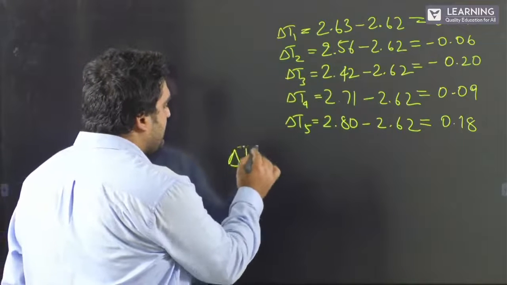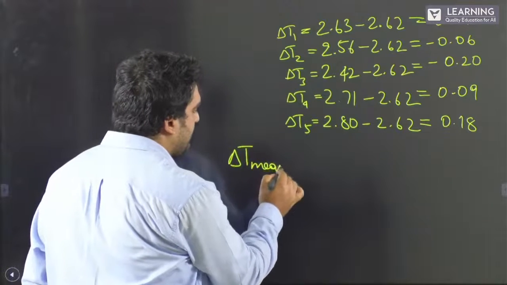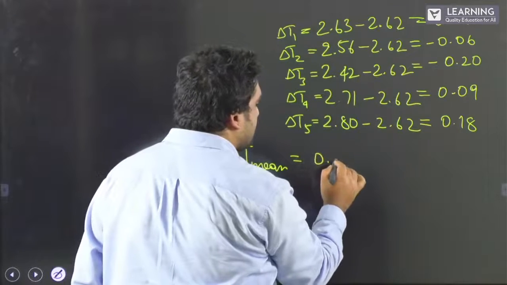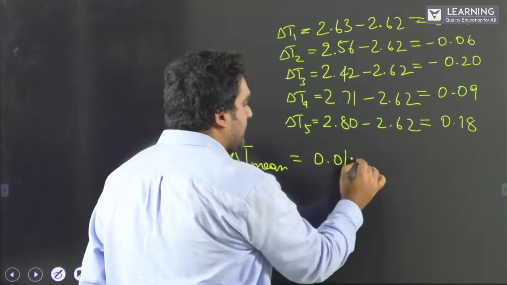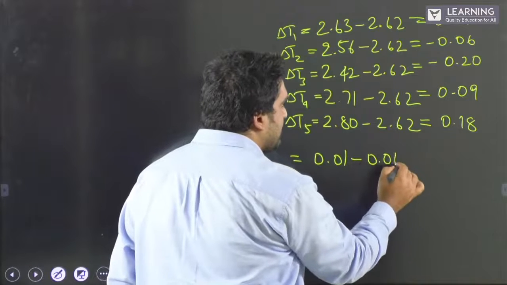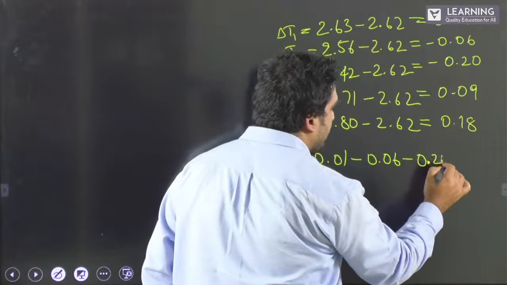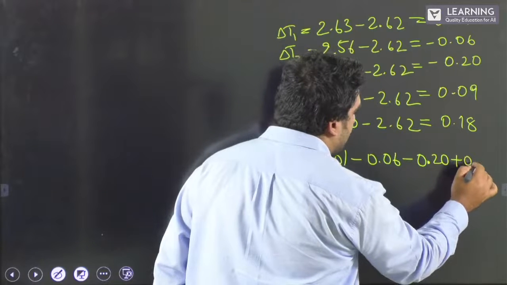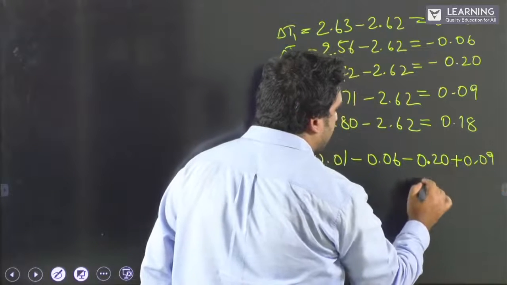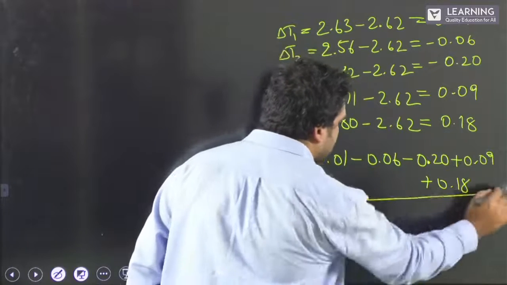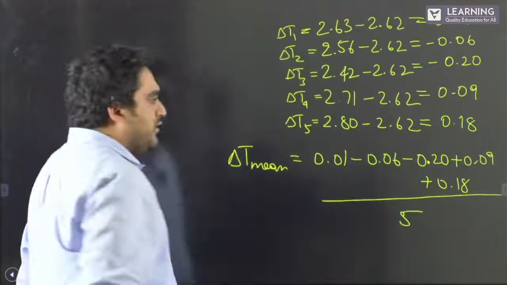So delta T mean is equal to the sum of those, which is 0.01, 0.06, 0.20, 0.09, plus 0.18. I don't have enough space there, so I have written it down.